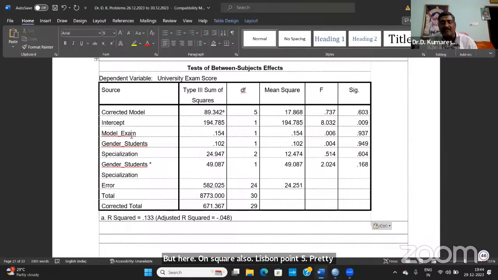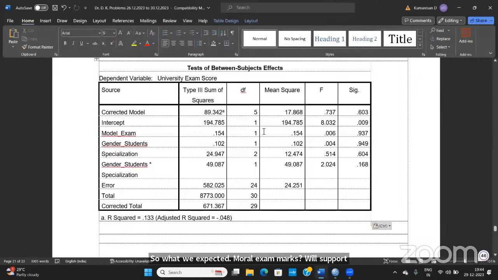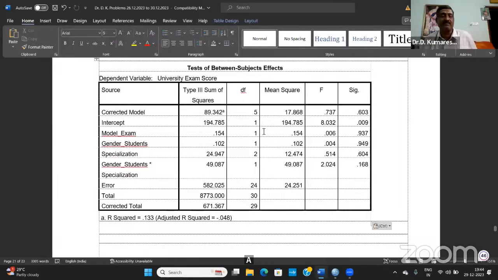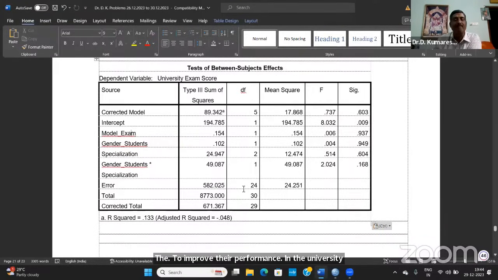P values are greater than 0.05. So what we expected, that model exam marks will support the students to improve their performance in the university exam, has not happened.